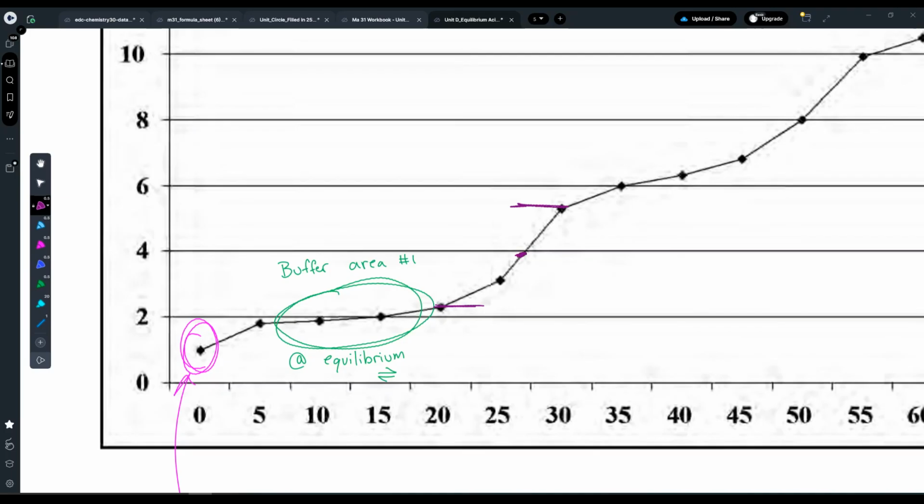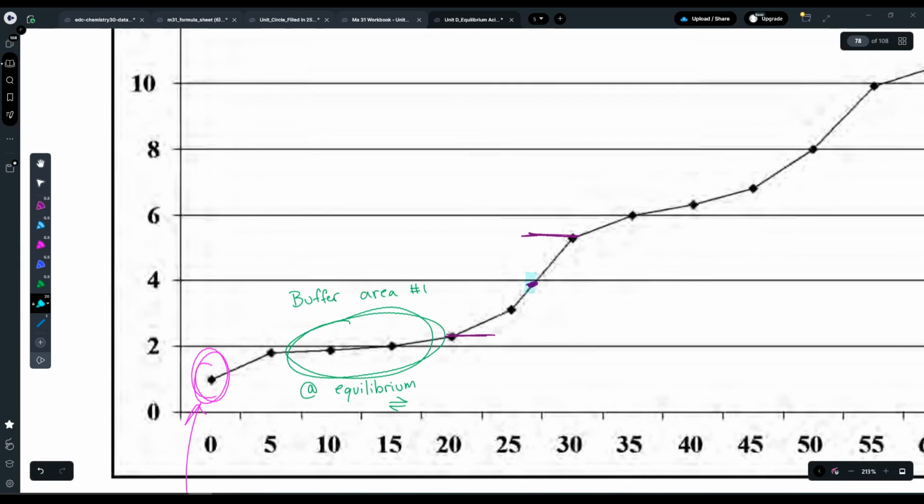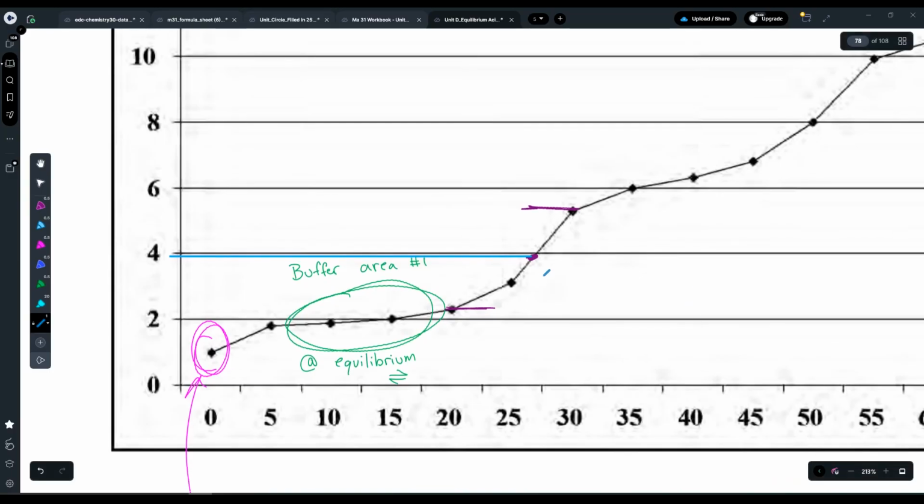I would say the middle of the steep part is just under this line that says a pH of 4. If I draw a straight line over, we could say that that occurs at a pH of 3.9. So that would be where our first endpoint is. Then if I draw a straight line down from there, that'll tell me the volume.